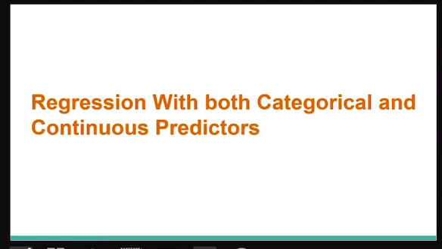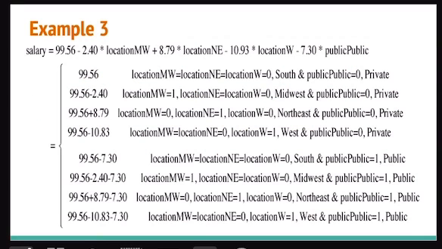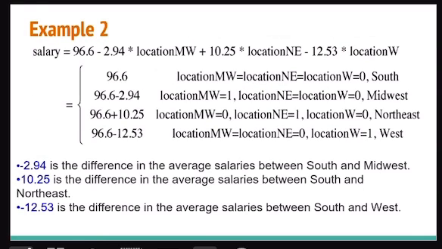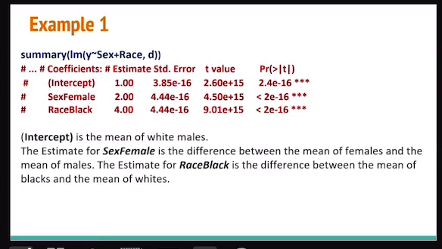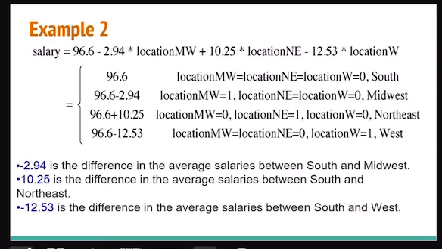I want to move into why we've been focusing on all this. I remember when I started with two categorical variables, each having two levels. Then I moved to just one categorical variable with four levels in example two.